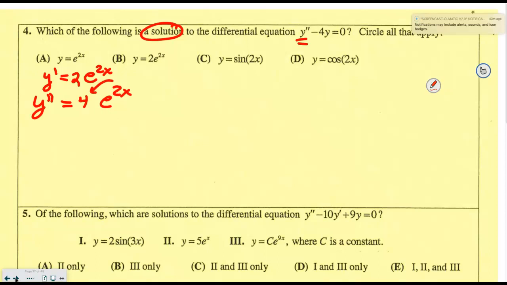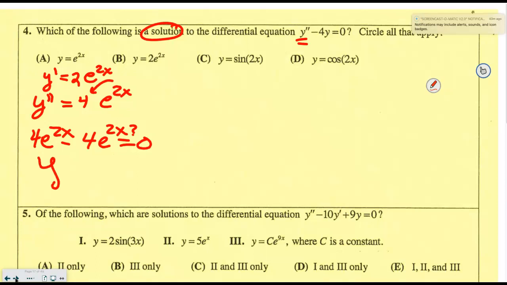There's my y double prime. So this is a solution if my y double prime, 4e to the 2x, minus 4 times my y, which was e to the 2x, equals 0. So is letter A a solution to my differential equation?